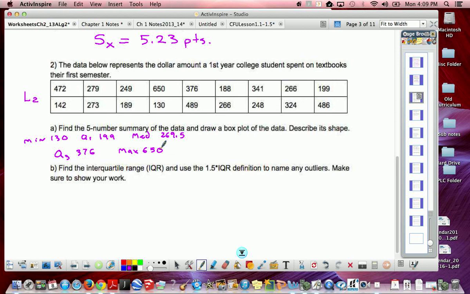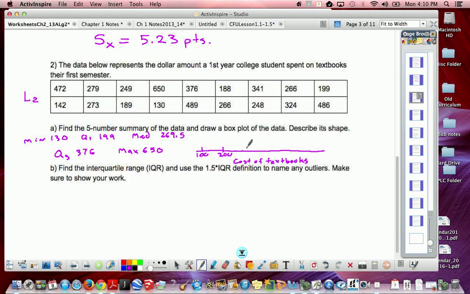So now I'm going to draw a box plot here. My x-axis, this is representing the cost of textbooks. I'm going to note what it is. So it looks like I could go from 100 to about 700.